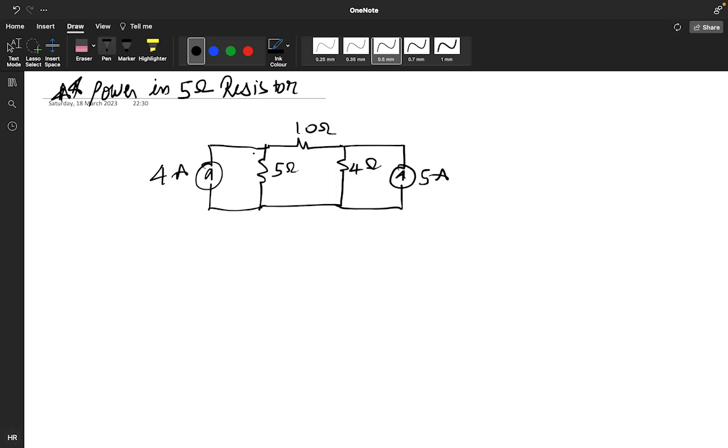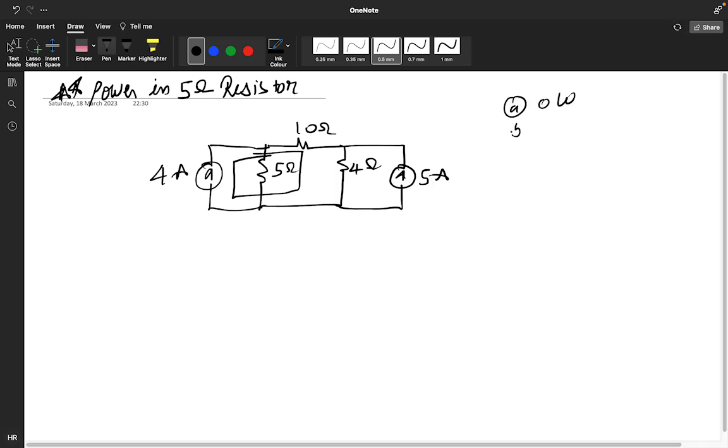You need to find the power across this. A lot of methods are there. Option A is 0 watt, option B is 40 watt, option C is 80 watt, and option D is 120 watt.